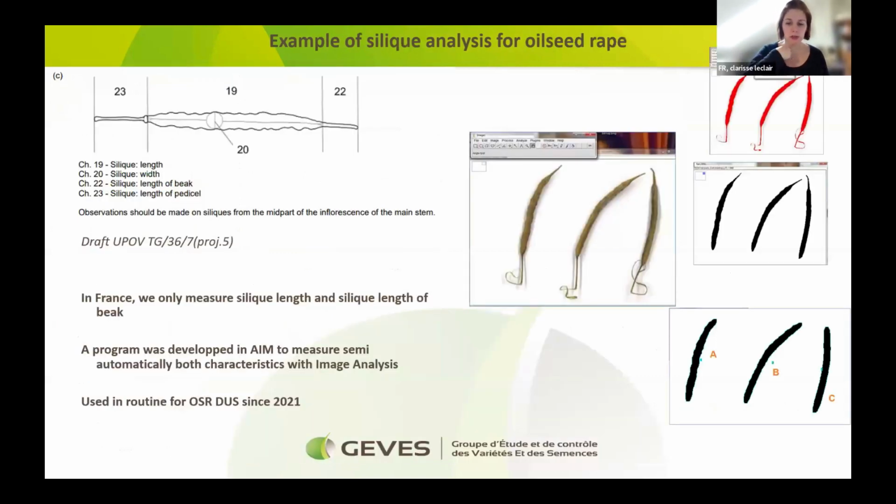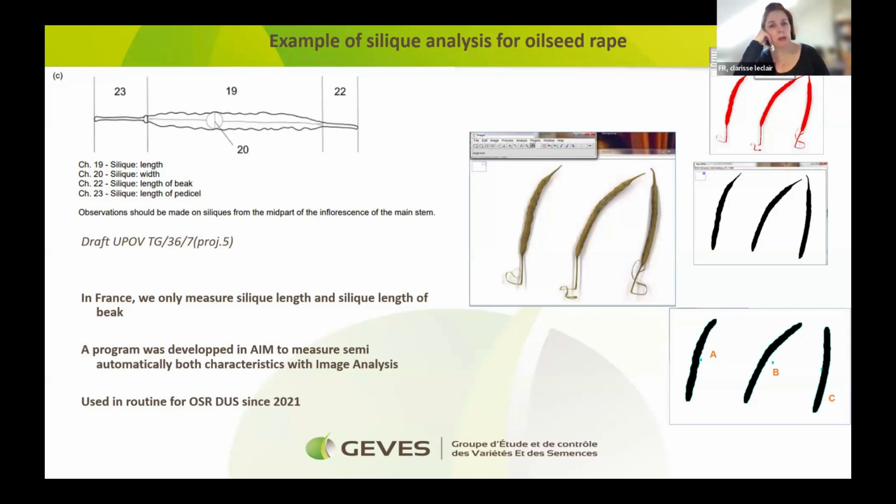Another example I wanted to share is the silique analysis for oilseed rape. It's more recent. It was developed only lately at GEVES. It's also quite difficult to assess it manually, because we deal with quite small organs when we deal with the beak or the pedicel.